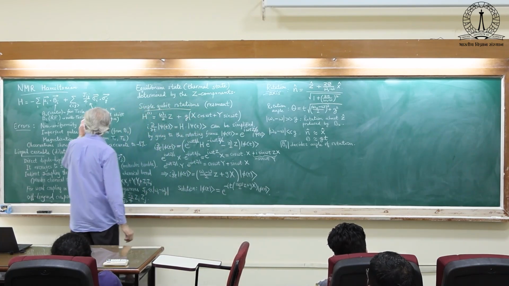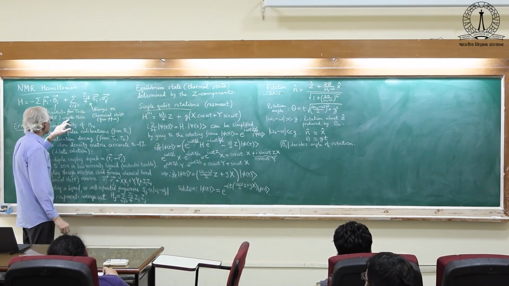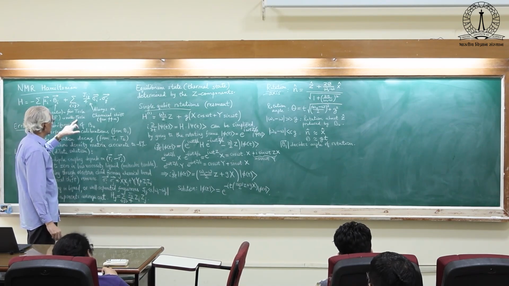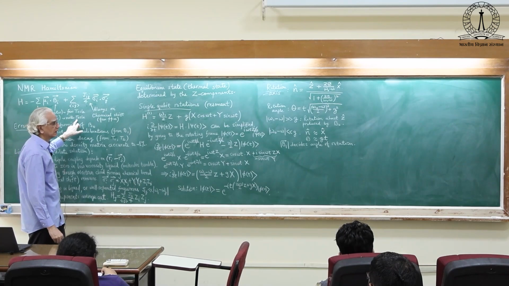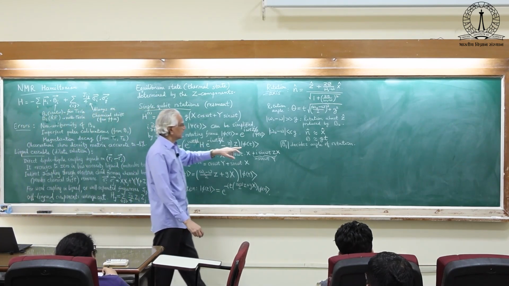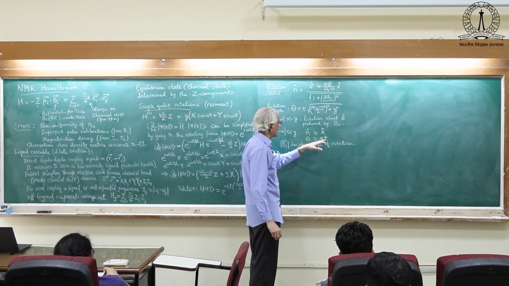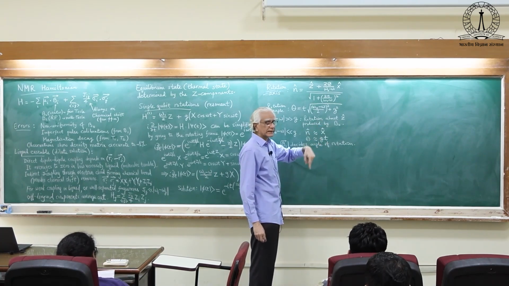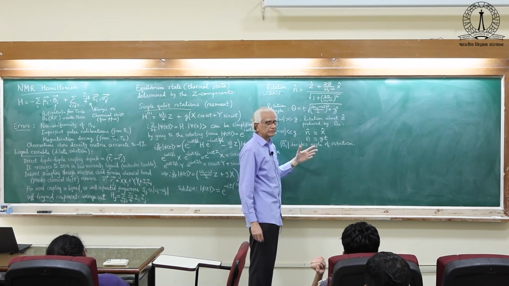And here is where the numbers which I put in become relevant. If you take B1 to be of the order of a millitesla, it will tell you how long this pulse would be if you want to go around on the Bloch sphere.